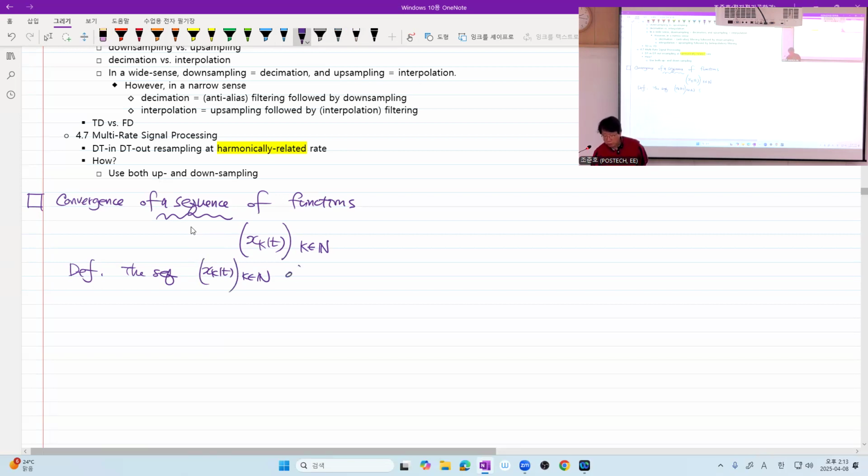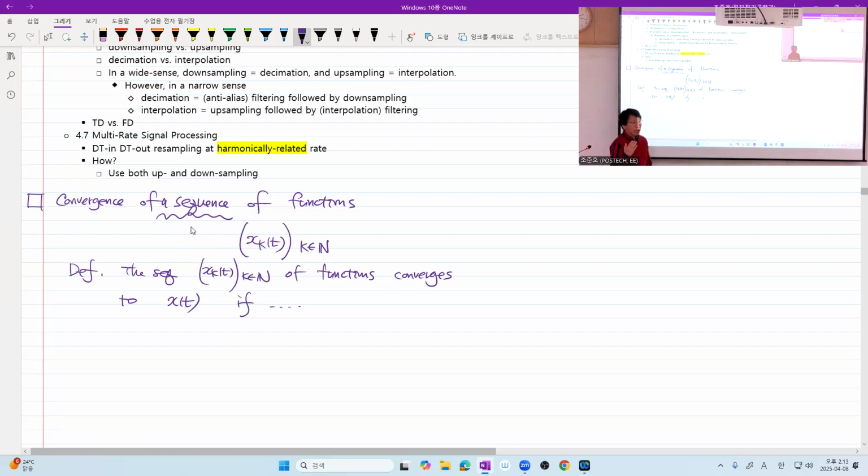The sequence of functions converges to some function, right? If blah, blah, blah. And anybody want to fill this part?